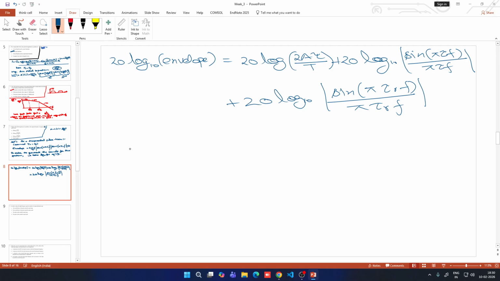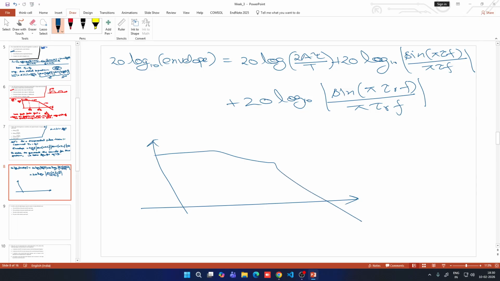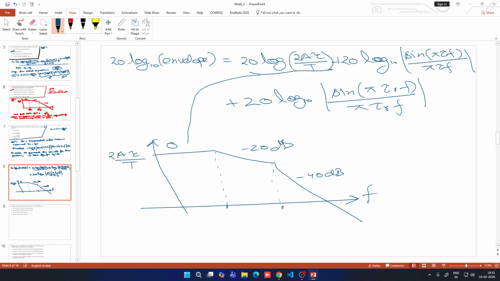So now if we see that, this is what an envelope for a trapezoidal pulse looks like. Here it's 0 dB, it's minus 20 dB per decade, and this slope is minus 40 dB per decade, at 2 tau by T. So we can divide it into 3 plots.